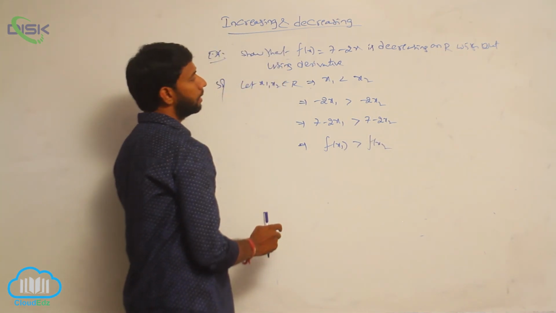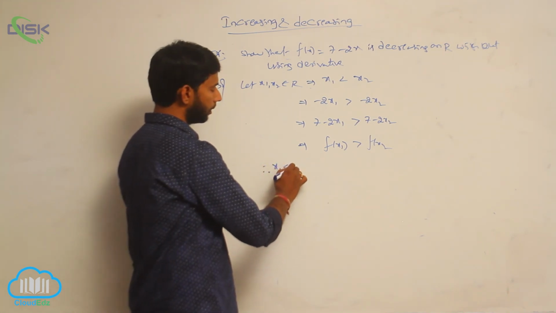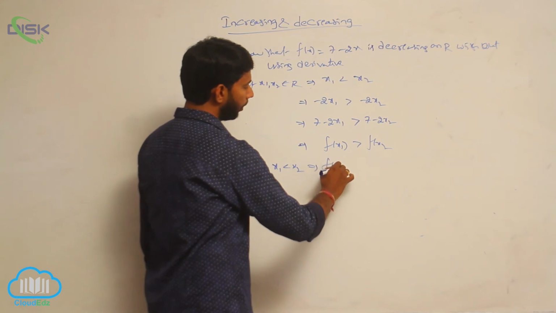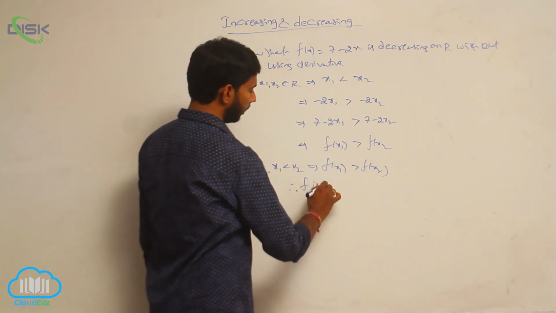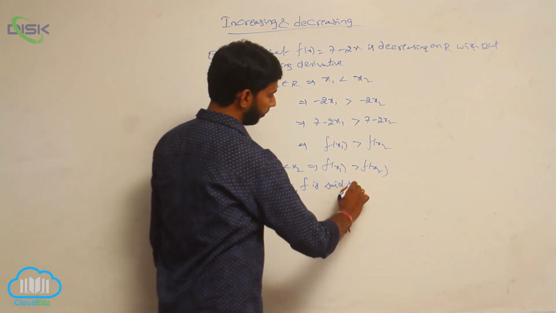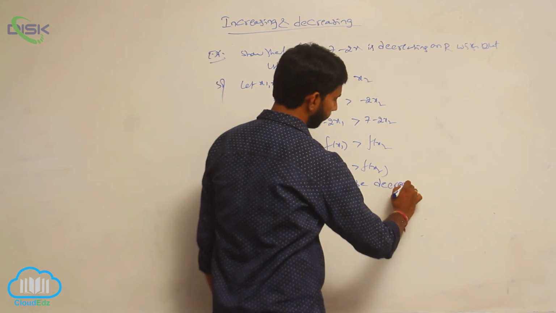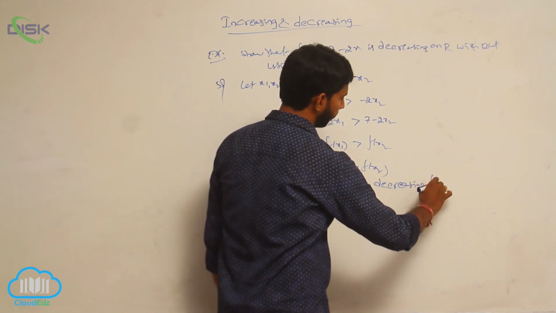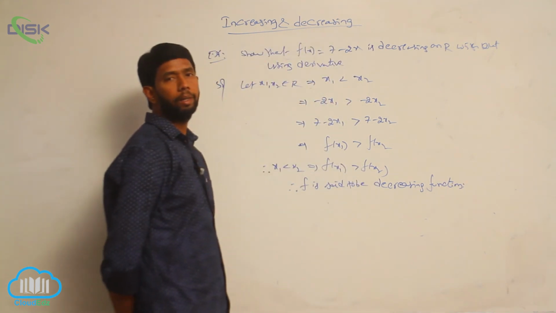Therefore, x1 less than x2 implies f of x1 is greater than f of x2. Therefore, f is said to be a decreasing function.